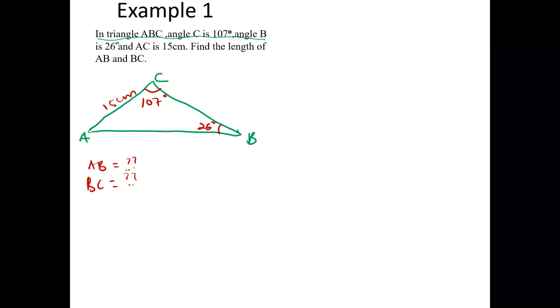But please, I can find angle A, because the interior angle sum of a triangle is equal to 180 degrees. So to get angle A, I get 180 degrees minus the sum of angle C and angle B, which is 107 degrees plus 26 degrees.